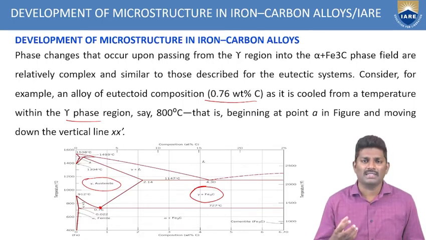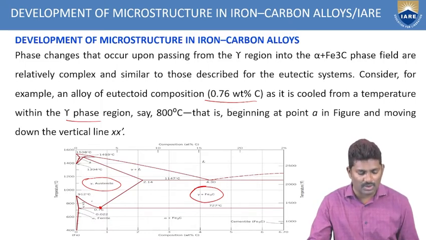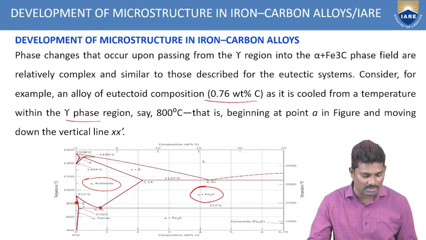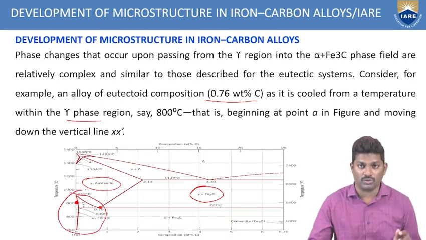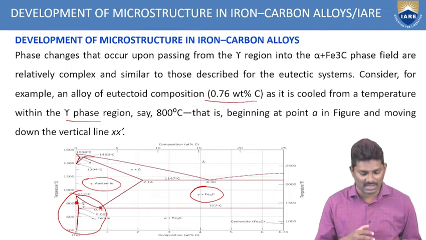Since we are considering the example at 0.76% of carbon, we are trying to cool the system at 800 degrees centigrade, where it starts with the point A. This particular area we'll zoom in on and see what the changes or development in the microstructure are in this zone of the iron carbide diagram.